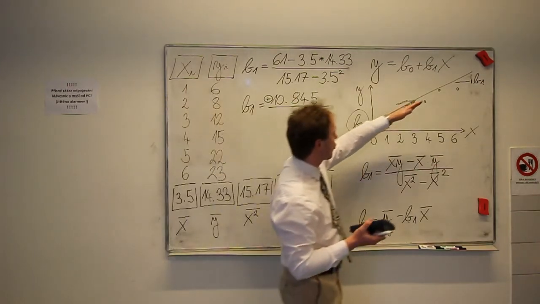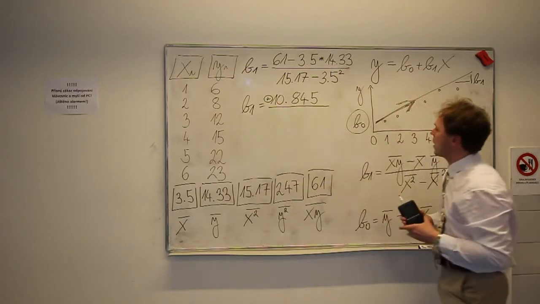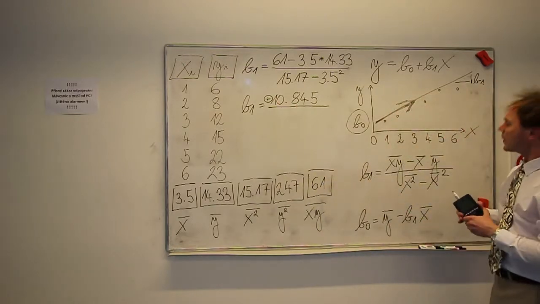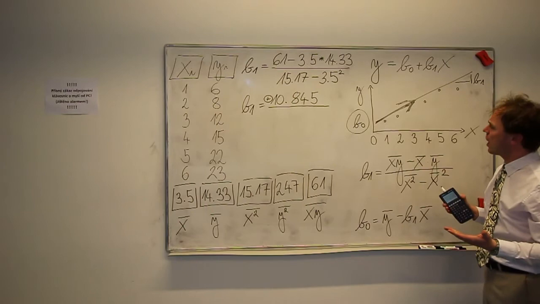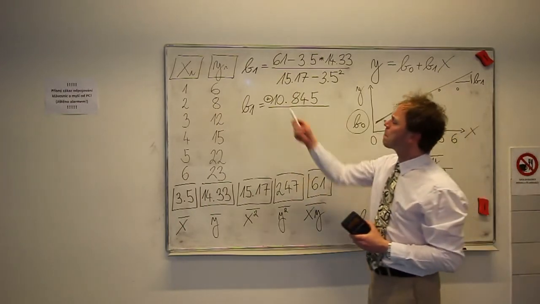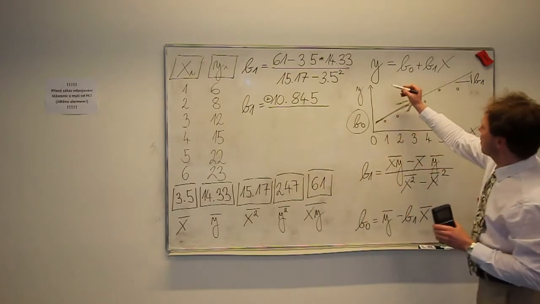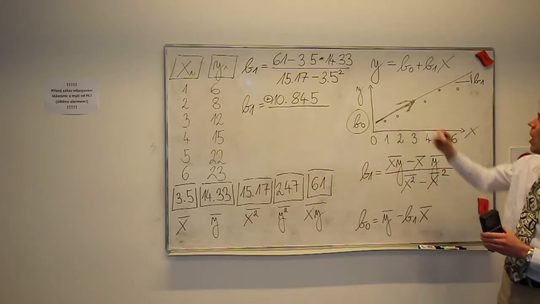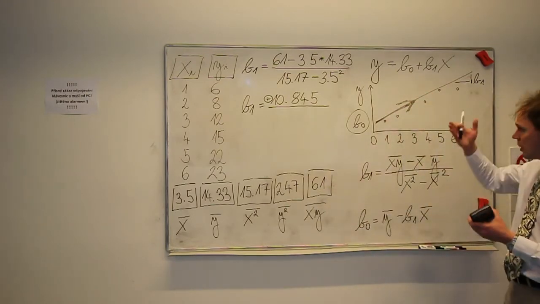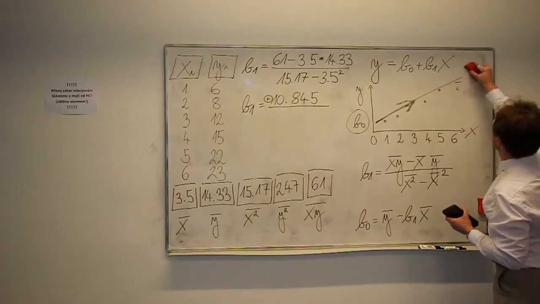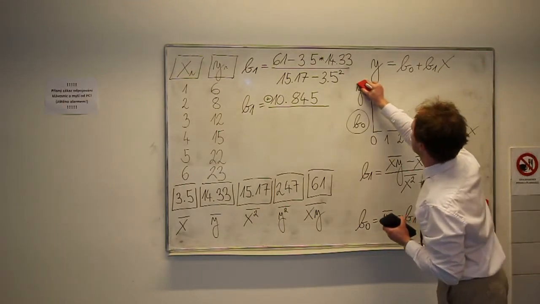You will see an increasing line. With positive covariance, you will see an increasing regression line, yes? If the covariance is negative, yes, there will be a decreasing line, yes? But in our situation, increasing, yes? So that's all what we need to know.